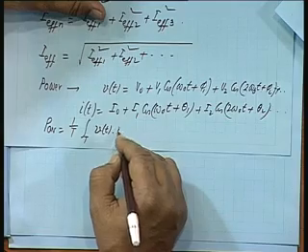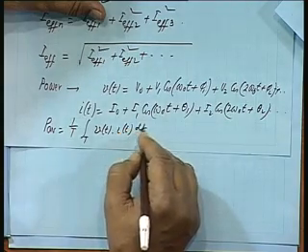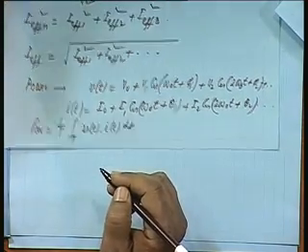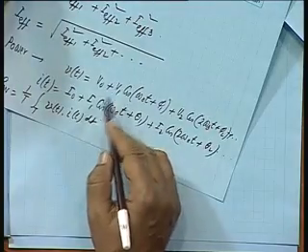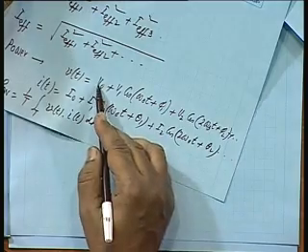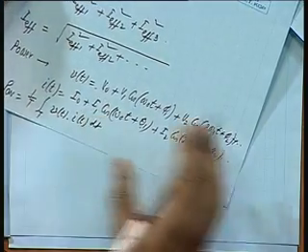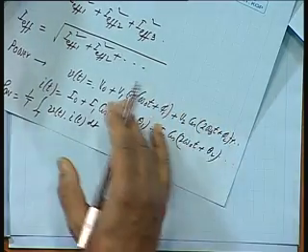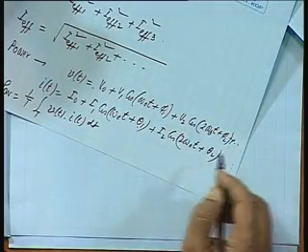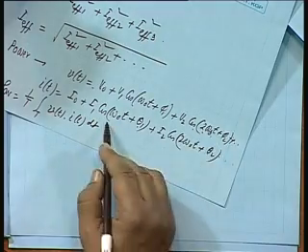Then average power is 1 by T integrated over T of v(t) i(t) dt, and you can see if you integrate V0 with I2, V2 with I1, these terms will give an effective value of 0, because there are different frequencies.